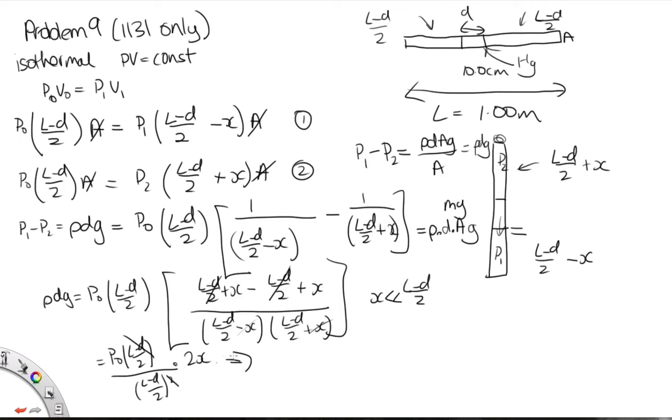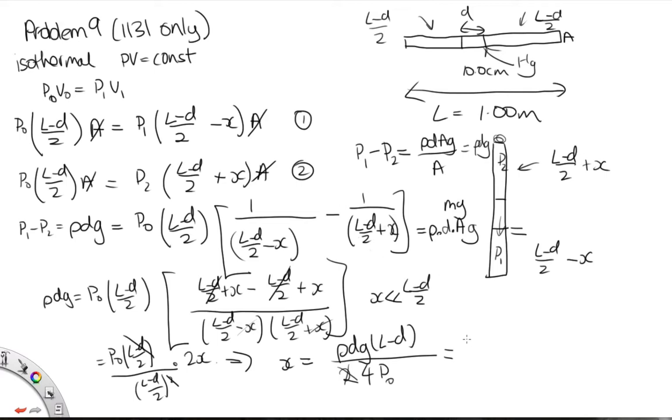Now what we're trying to do is find X, so X is equal to rho d g times (L - D)/2, and we've got to divide by this 2, so get rid of that 2 and make that a 4. And we've also got to divide by P0. Now we need to look up the density for mercury.